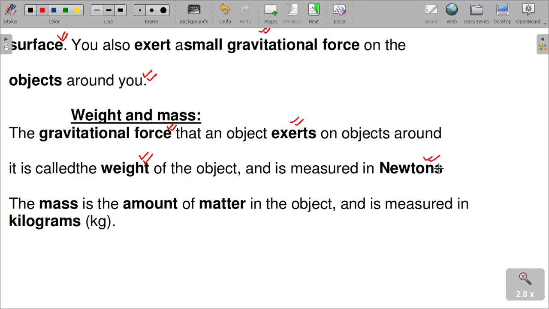The mass is the amount of matter in the object and is measured in kilograms. We just mentioned it. Please note that you mustn't forget these definitions.